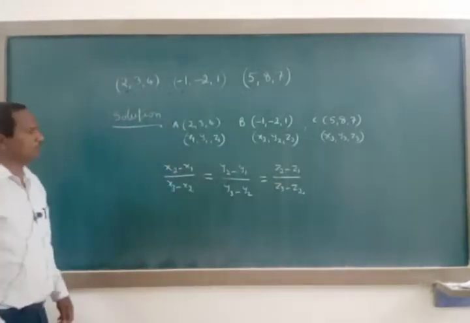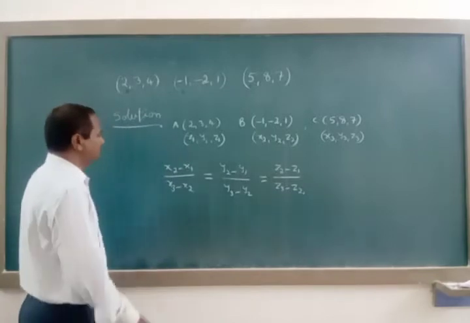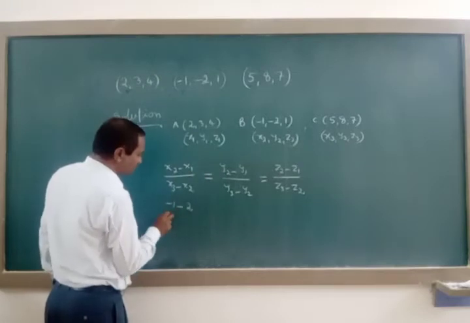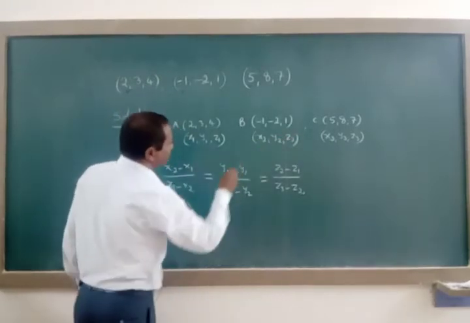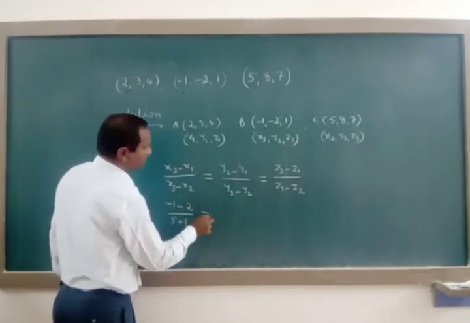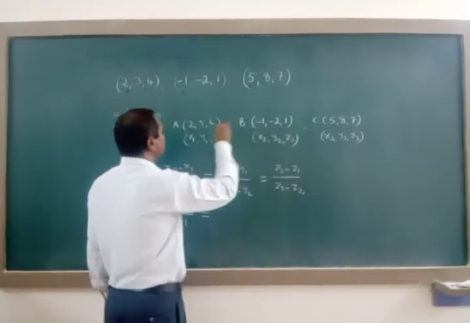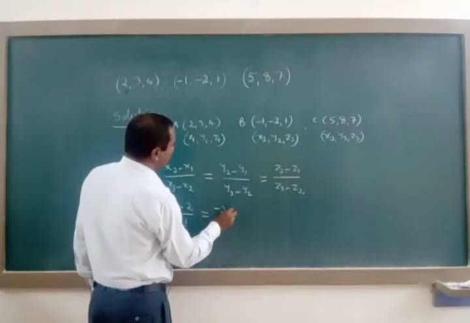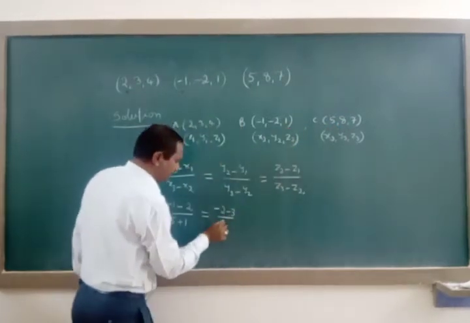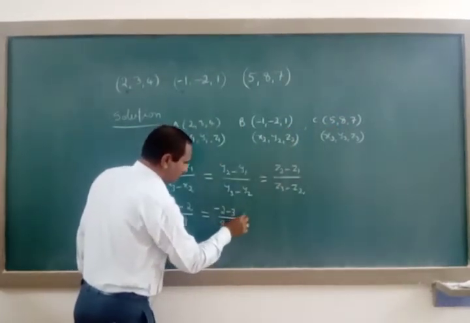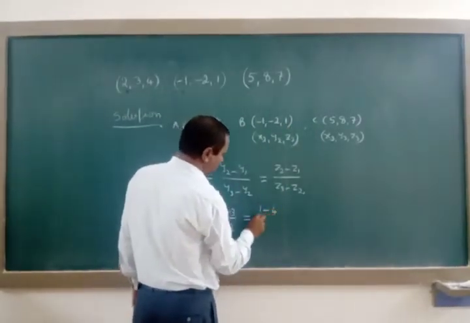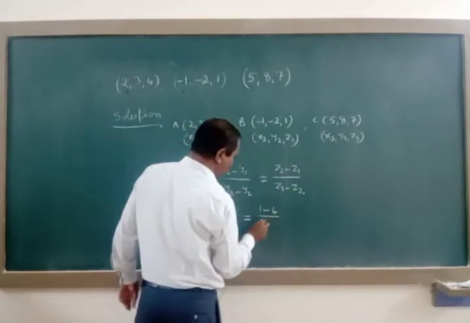Let us substitute all the values in this formula. x2 value is minus 1, minus x1 which is 2, whole dividing by x3 minus x2, 5 minus minus 1, is equal to y2 minus y1, minus 2 minus 3, whole dividing by y3 minus y2, 8 minus minus 2, means 8 plus 2, is equal to z2 minus z1, 1 minus 4, whole dividing by z3 minus z2, 7 minus 1.